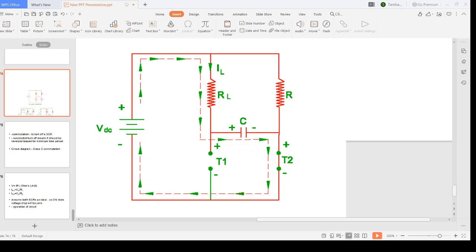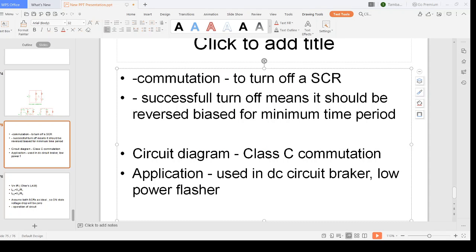This is the class C type of commutation. Now the application of this class C commutation. This class C commutation is used in DC circuit breaker, or it is also used in low power flasher.